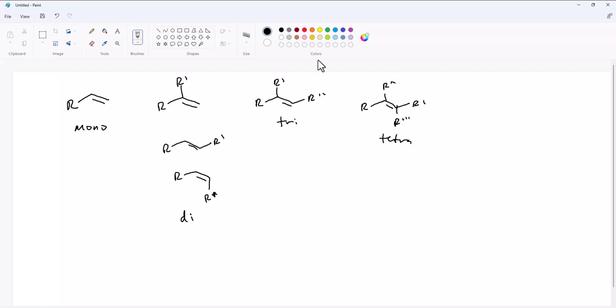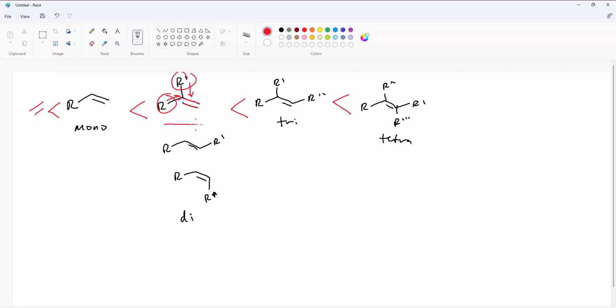So what we see in terms of stability is that tetrasubstituted alkenes are going to be more stable than tri, which are going to be more stable than di, which are going to be more stable than mono, which obviously are more stable than the unsubstituted alkenes. And this is because, as we've seen, alkyl groups are going to be donating electrons into the alkene, which is a little bit electron deficient. So it will stabilize this C=C double bond.